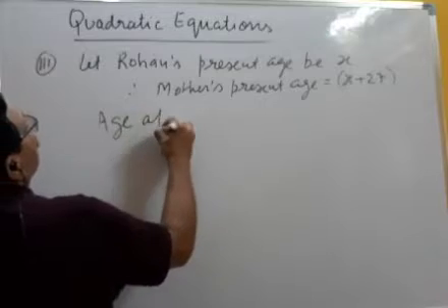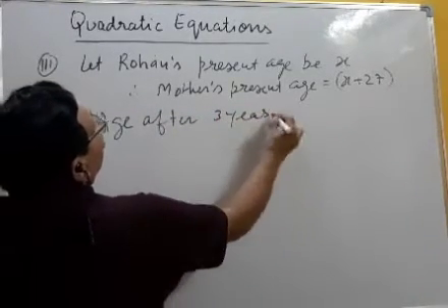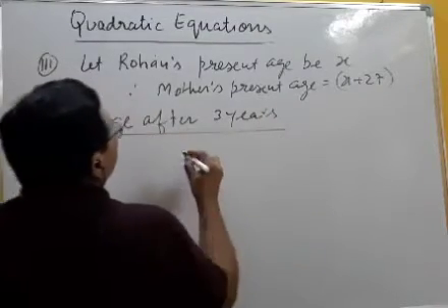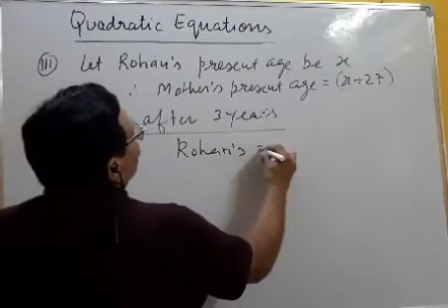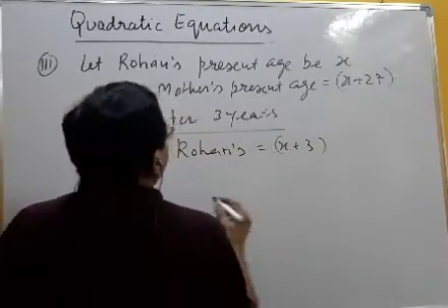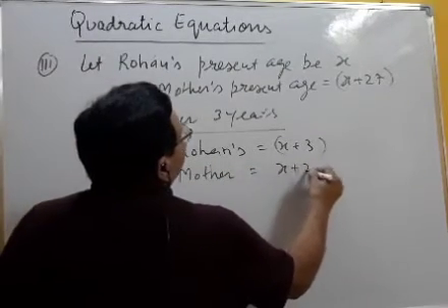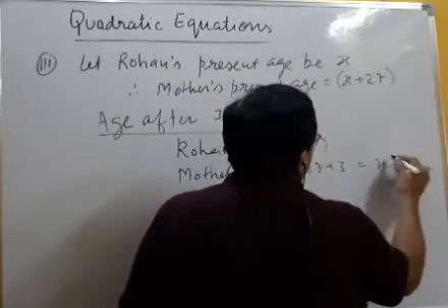Age after 3 years: Rohan will be x plus 3 and mother will be x plus 26 plus 3. This will give you x plus 29.